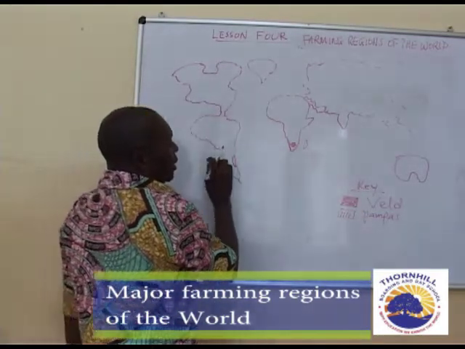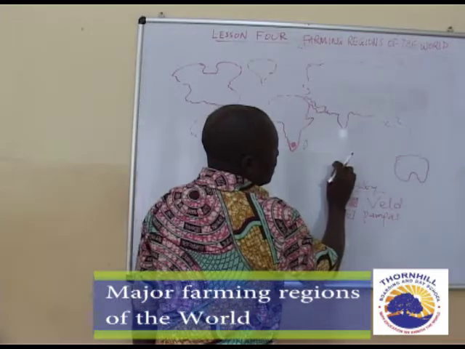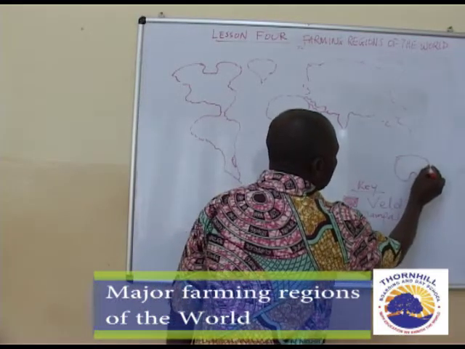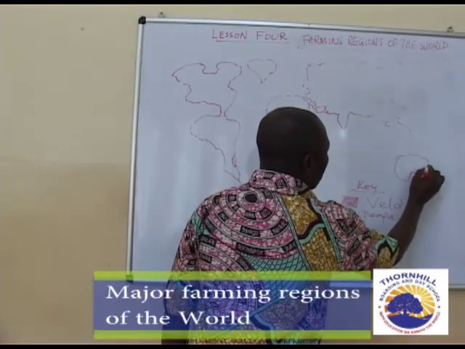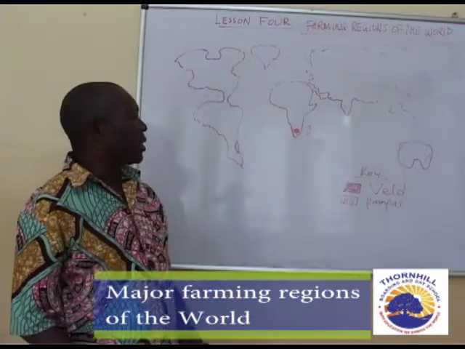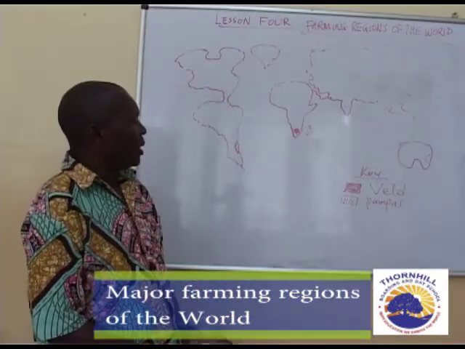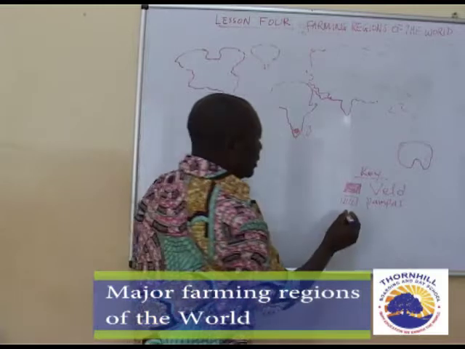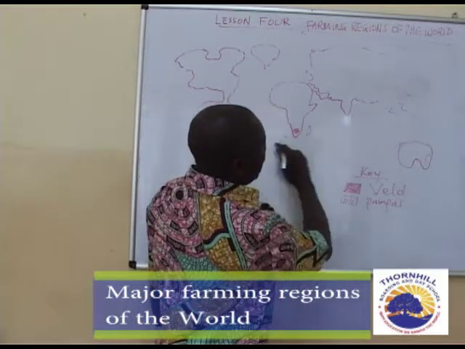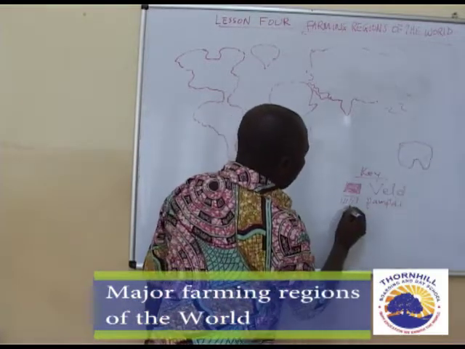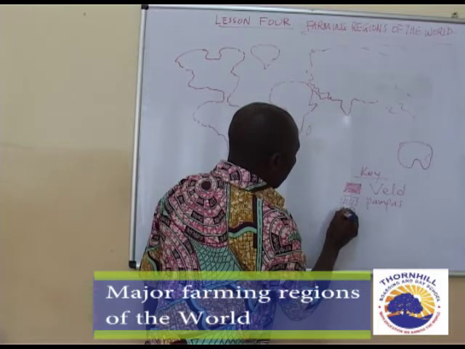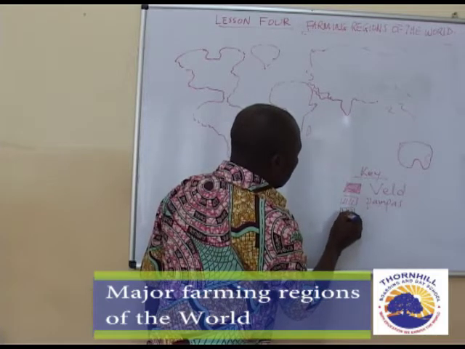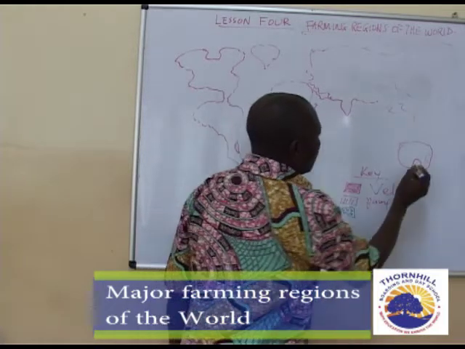The other place which is almost in the same latitude are the grasslands of Australia. Third grassland we are going to look at is the grassland along the same latitude in Australia. There we have this one, which is called the Downs.